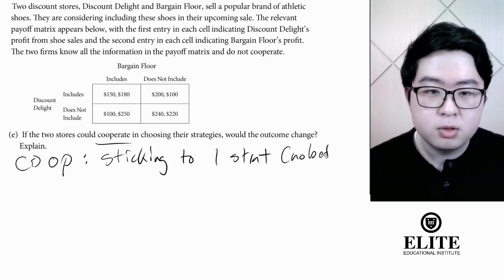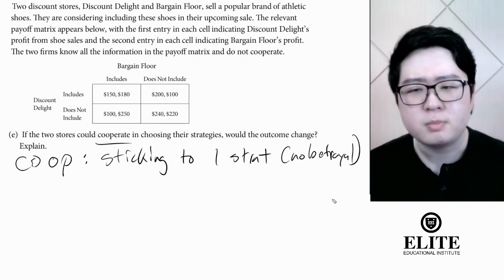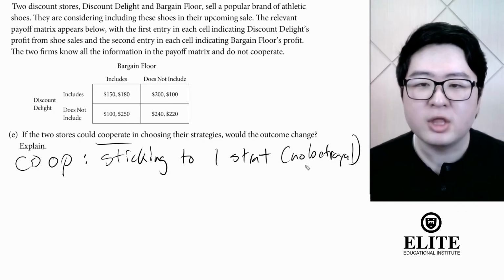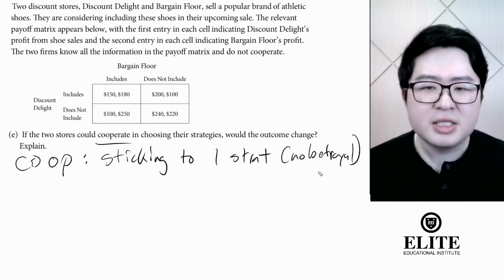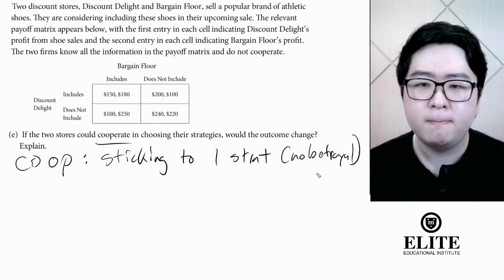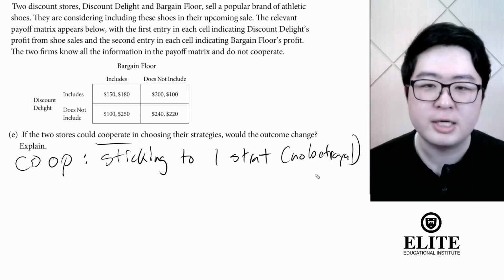No betrayal, they're going to be loyal, hopefully. And so what we need to do here is start with the Nash equilibrium and see if there's a situation where they're both happy switching to, in the case that they'll be making more profit if they change strategies.